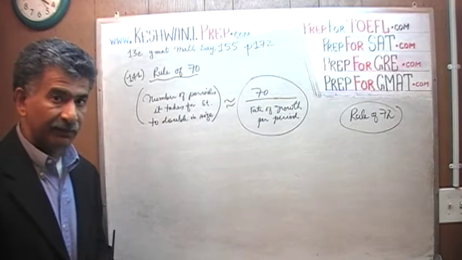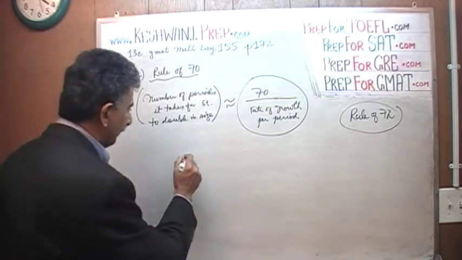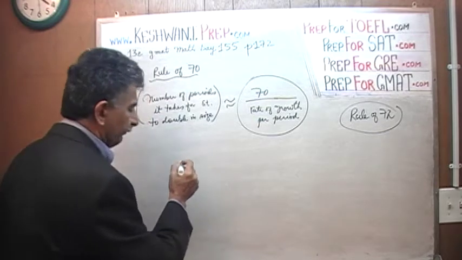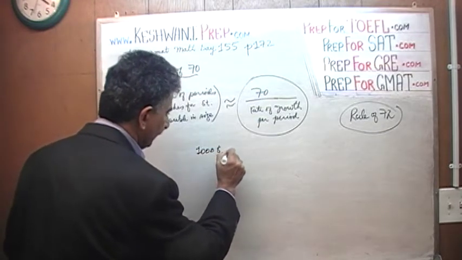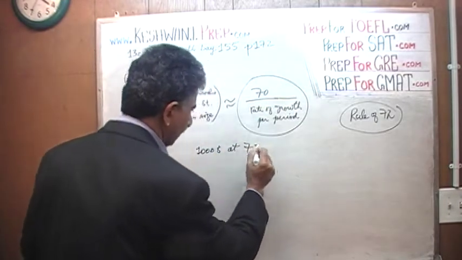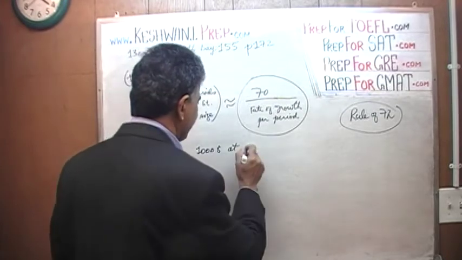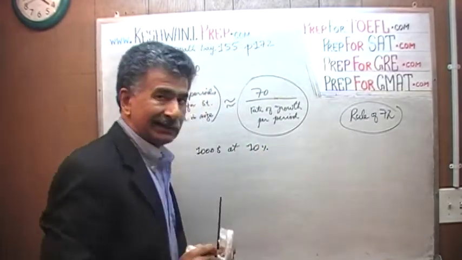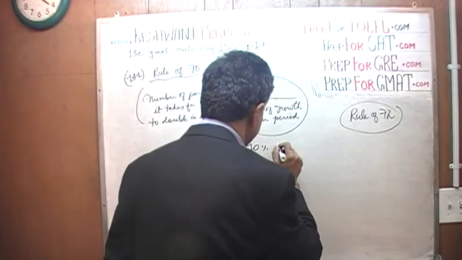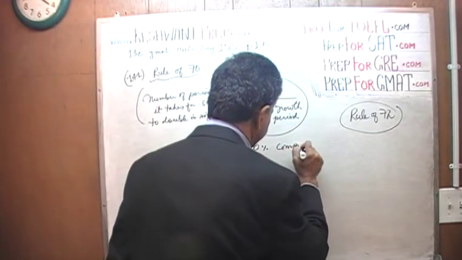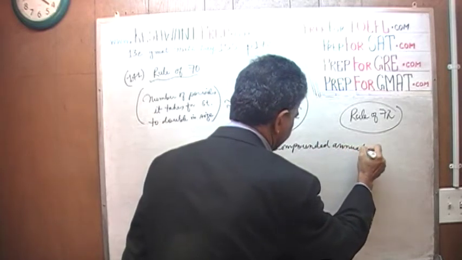Let's start with something simpler, something having to do with money. For example, if we invest $1,000 at 10%, compounded annually, this is what it is, compounding.